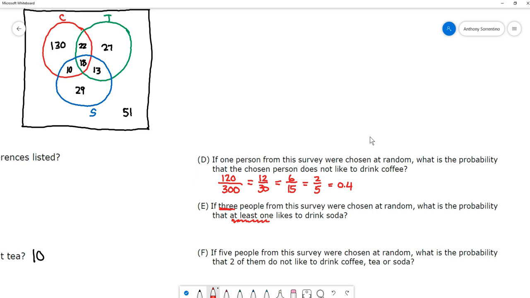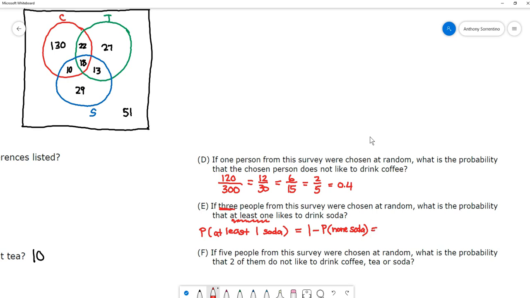This one is much easier if I realize that the probability of at least one liking soda is the opposite, and therefore 1 minus the probability that none like soda. Because the probability that none like soda is really easy to compute.